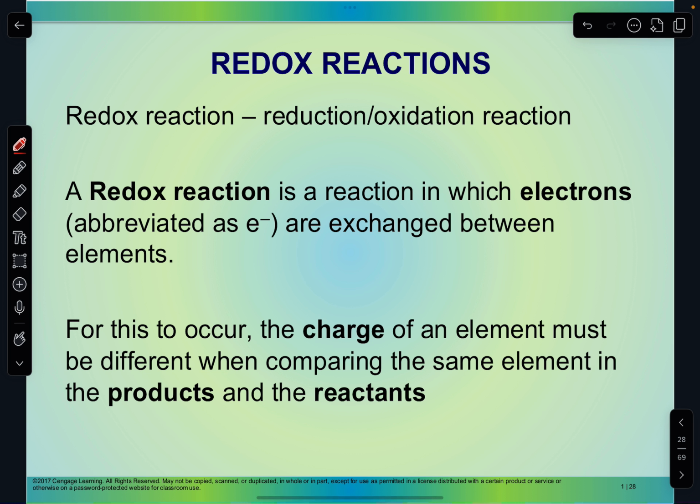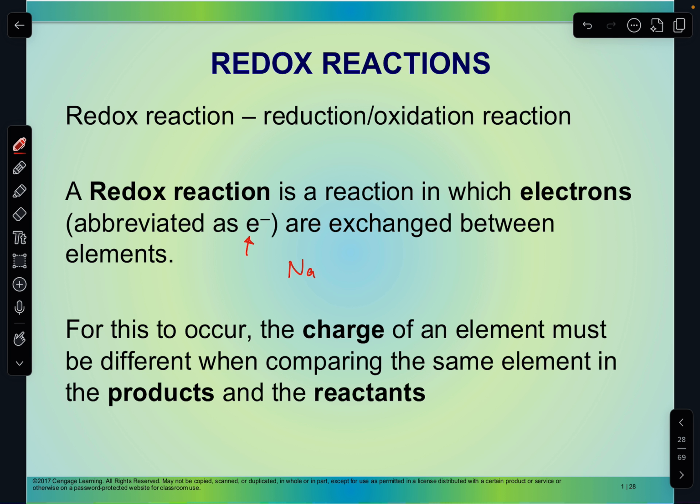Okay, let's talk about redox reactions. I teased this a little earlier, but it's important to know these ones. So redox reactions are when you have electrons that are going to be exchanged between elements. We can abbreviate them as this from now on. And so we can also do this in equations.